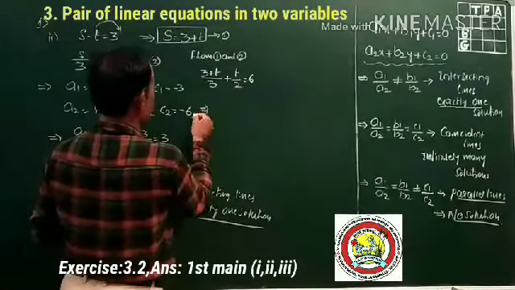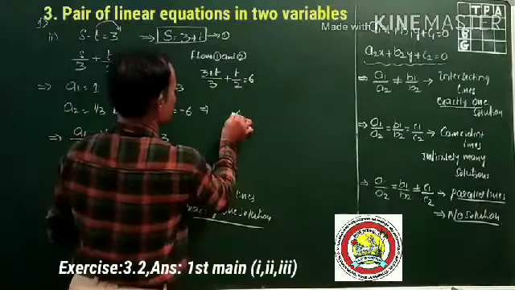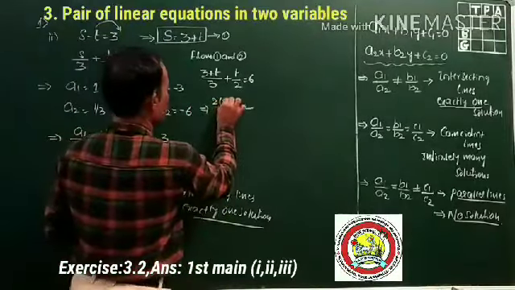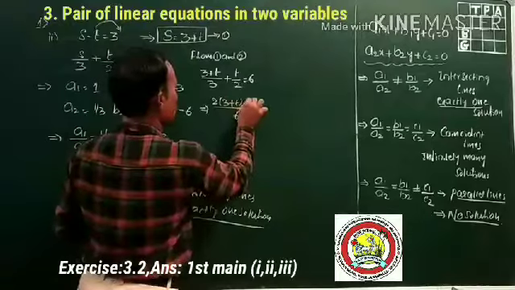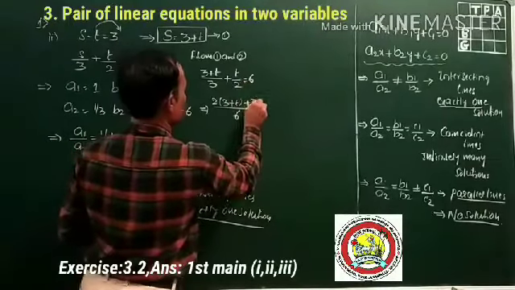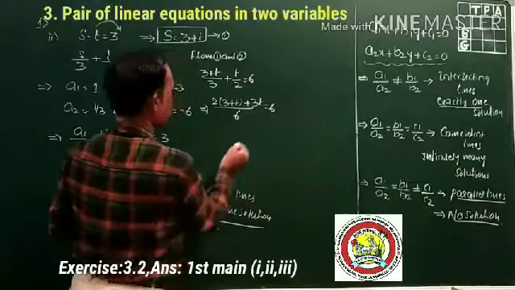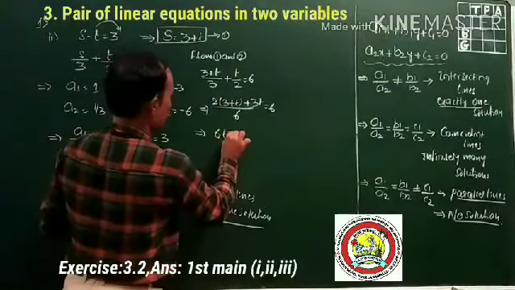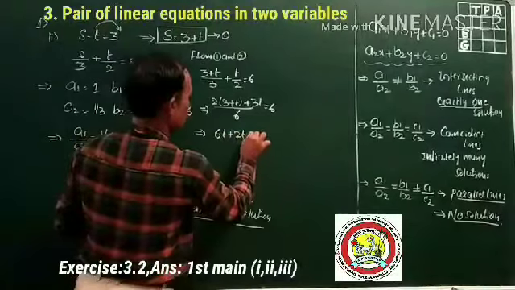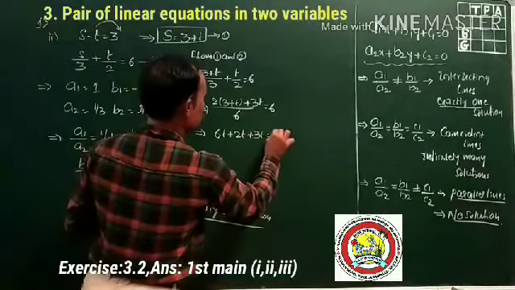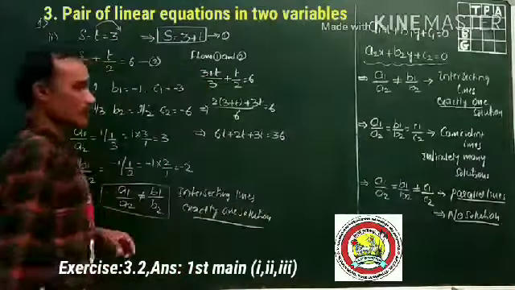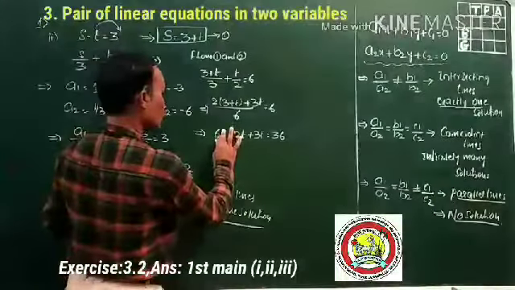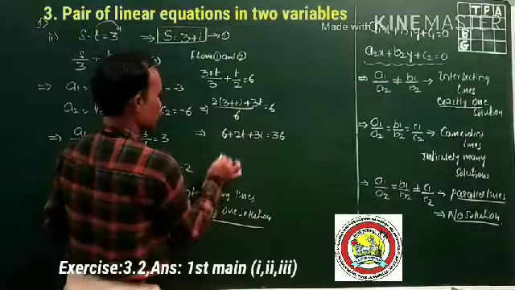So this implies, let's take LCM, 6 is the LCM: 2 into (3 plus T) plus 3 into T, 3T is equal to 6. So this implies 2 into 3, 6, plus 2T plus 3T is equal to 6 into 6, 36. Therefore, this is only 2 into 3, 6. This is only 6.